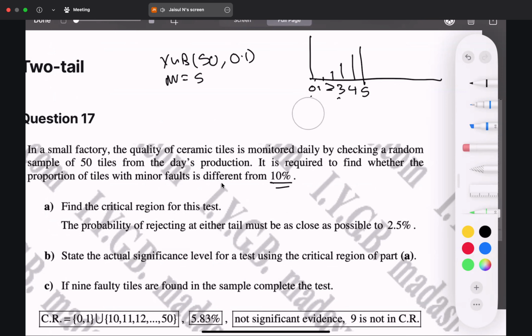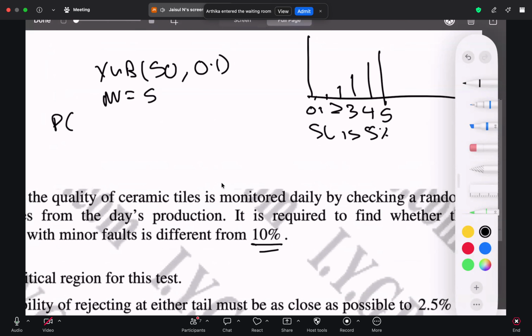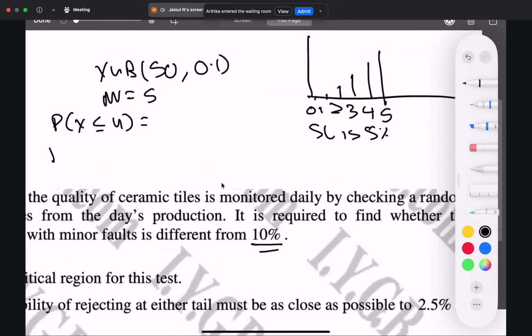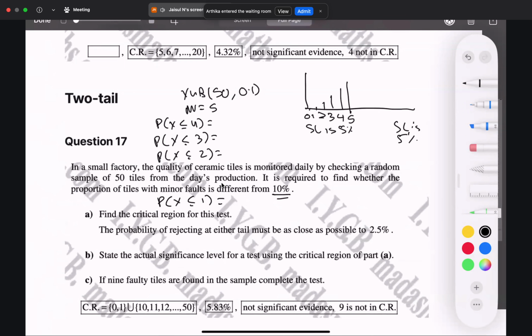On the left tail, my significance level for each tail is 5%, and on the right, 5% as well. So on the left, I'm doing the probability that x is less than or equal to 4, less than or equal to 3, less than or equal to 2, less than or equal to 1, and I'm trying to find when that number gets below... Wait, sorry, I said the significance level wrong.